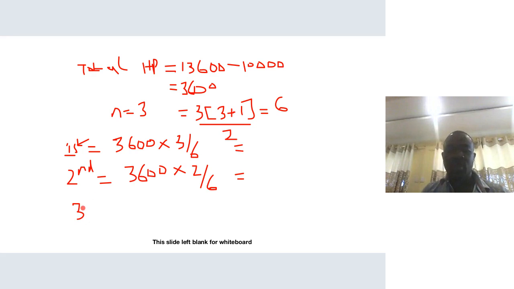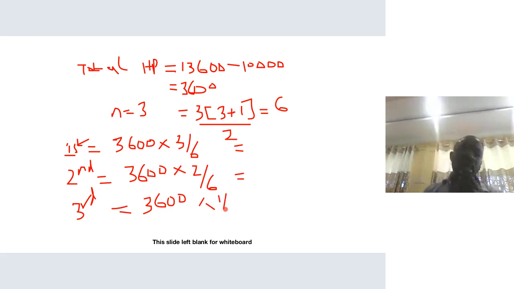Then the third one will be 3,600 times now 1 out of 6. So please, can you get these values?